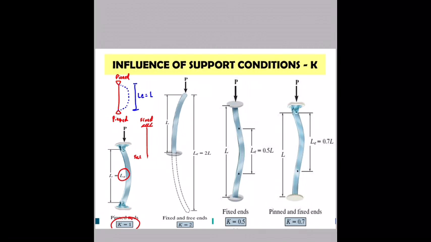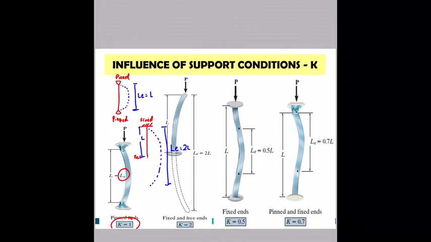your column will buckle in a mirror image. So here your LE is equal to 2L, twice the original L of your column. And LE is actually the buckling shape of that column.